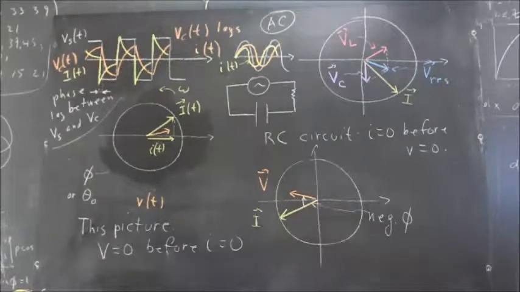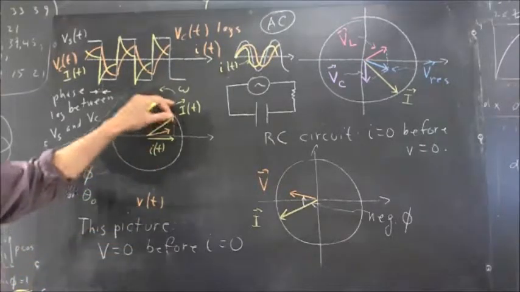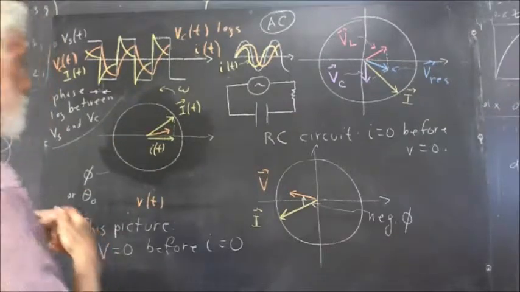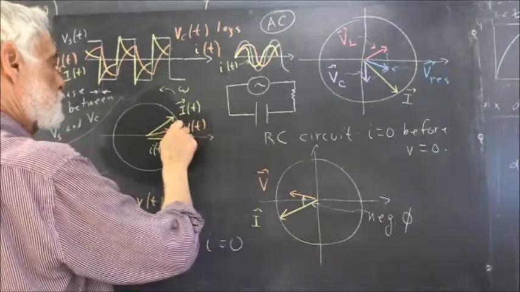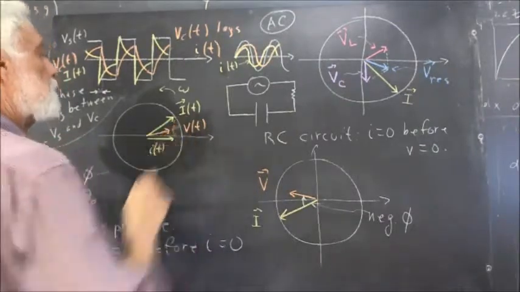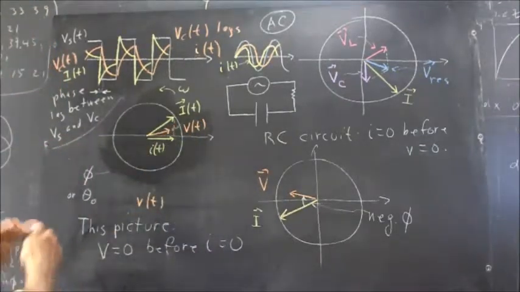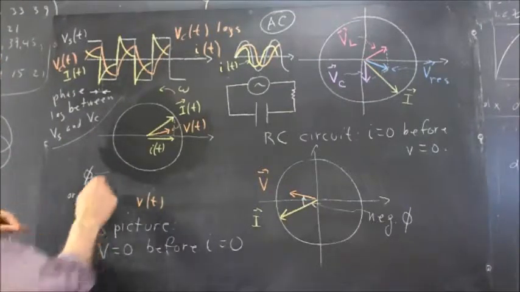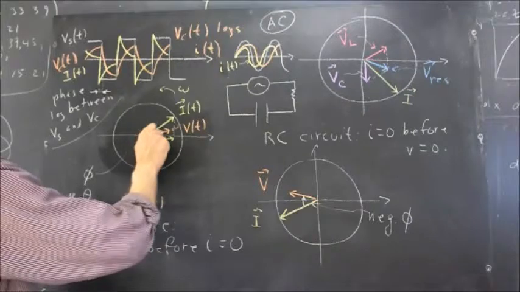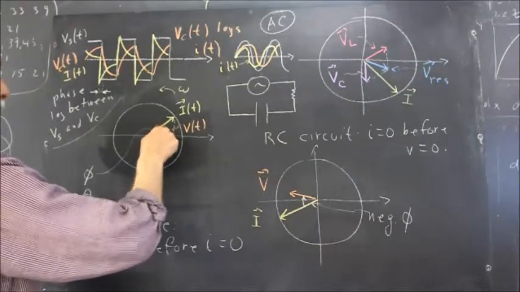And we have this angle between the current and the voltage vector. So this is your current vector, here's your voltage vector. And we have an angle which we could call phi or theta naught. I've used both. So that's this angle in here.